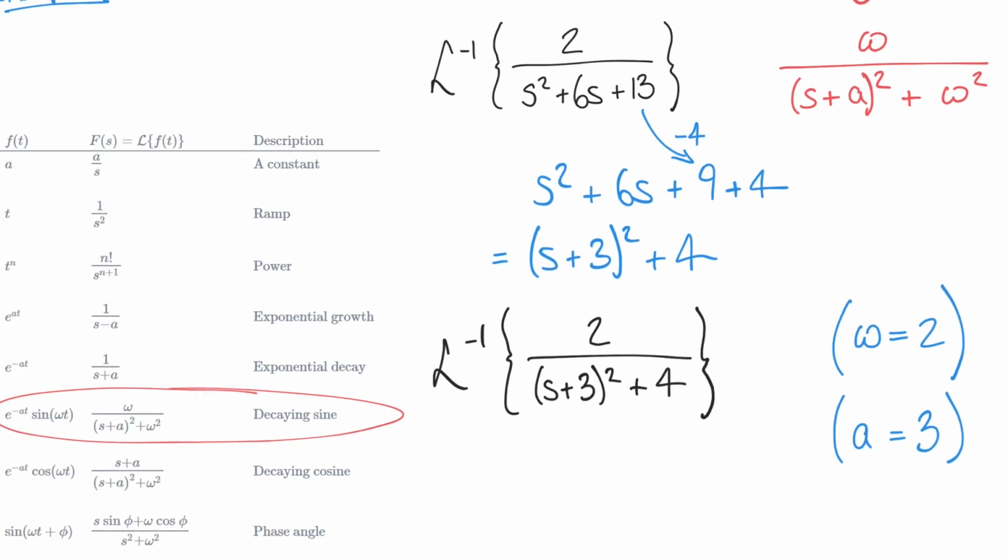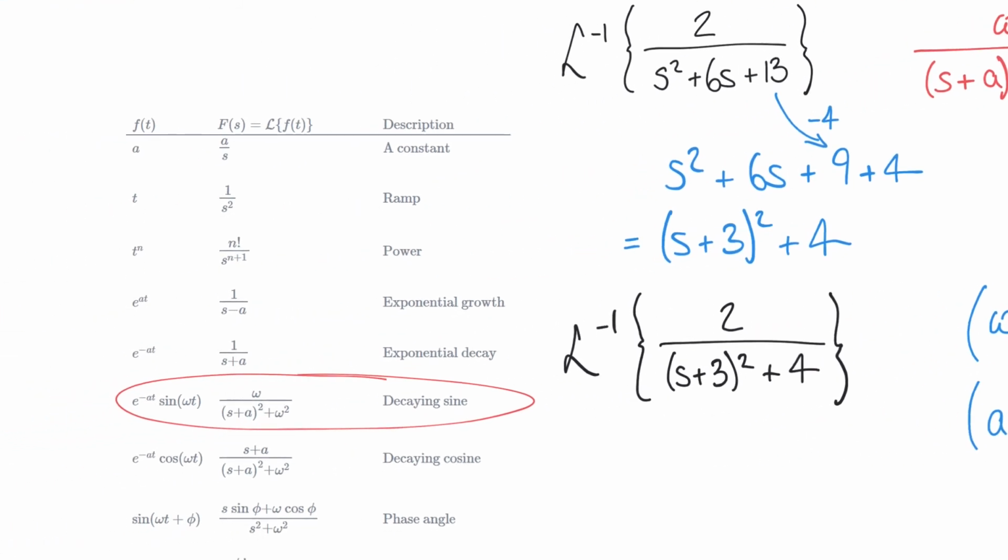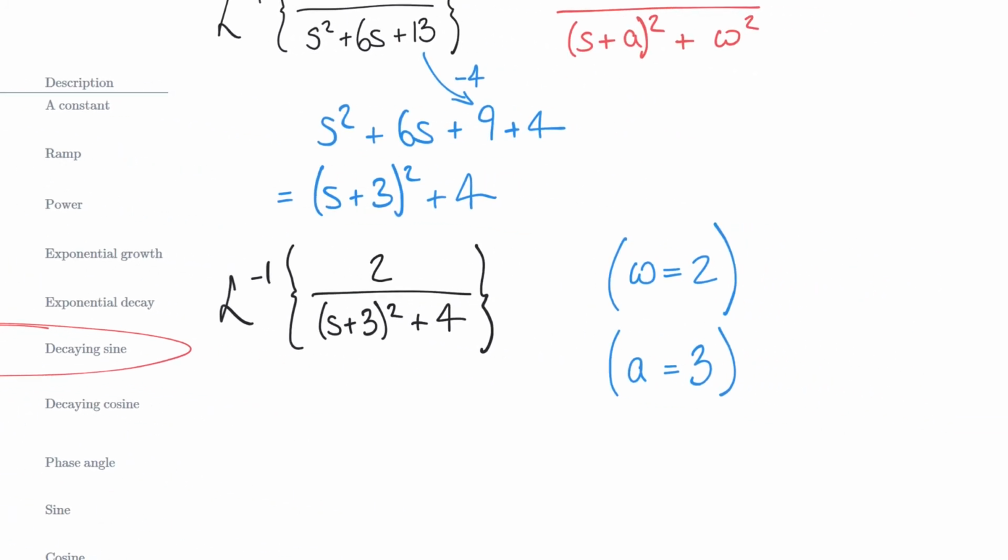So back in the time domain, we were told that this converts to e to the minus at sine omega t. Well, knowing the values of a and omega, we can say that that's equal to e to the minus 3t sine 2t.